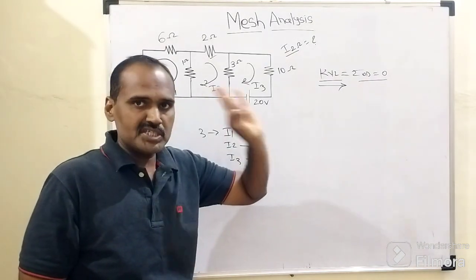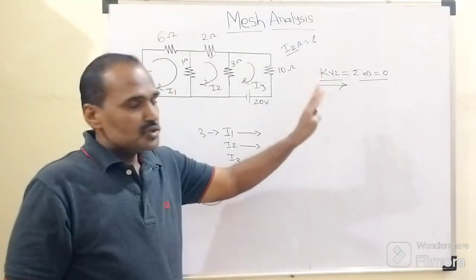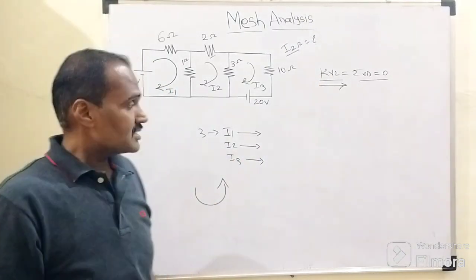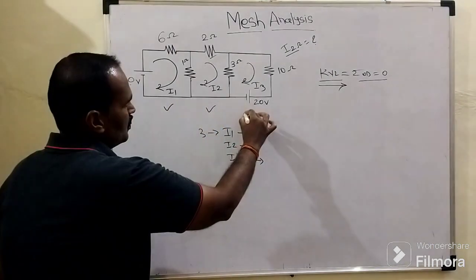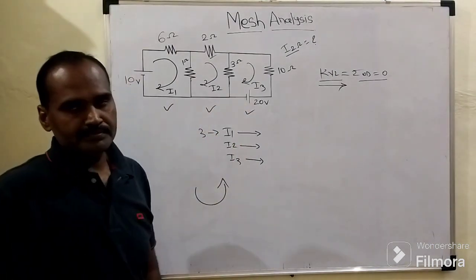This is the simple meaning that comes out of Kirchhoff's voltage law. So in the next step, we need to apply this KVL to the first loop, second loop and third loop.